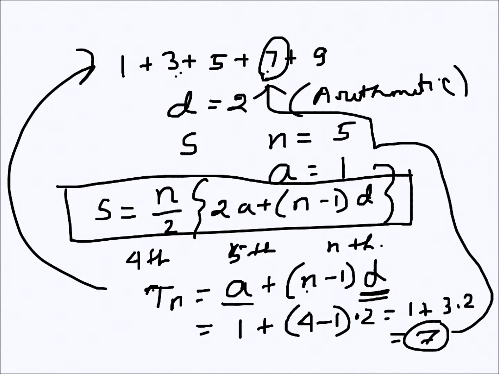So if we have a series something like this: 1 plus 3 plus, sorry, it will be 5, so something like that, 5 plus, and maybe it goes on for certain terms, say up to 51.